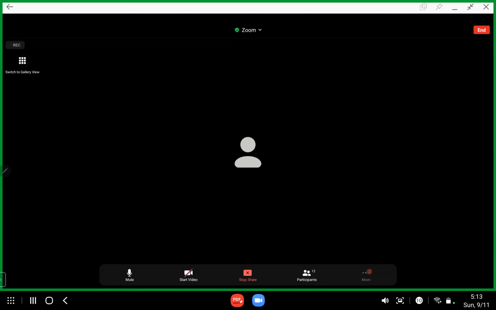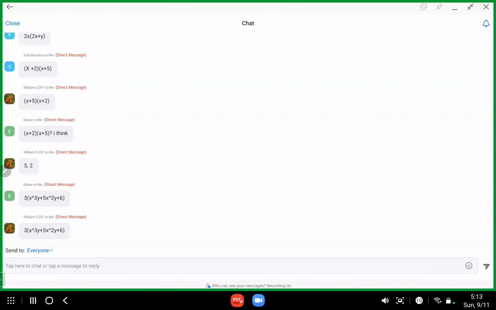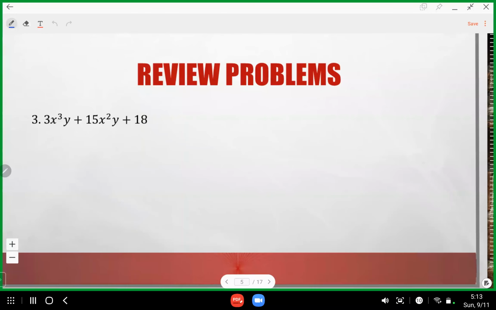All right, so let's see any answers. So what we can do here is we can factor out 3 from all of these terms, right? So let's factor out 3. What can we factor from the x terms? Can't actually do anything with that because 18 does not have an x term.